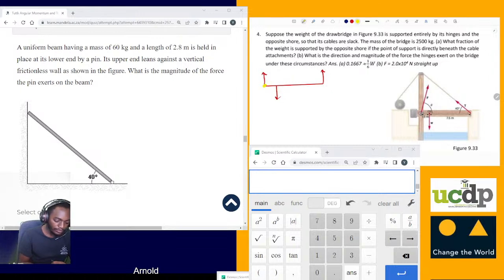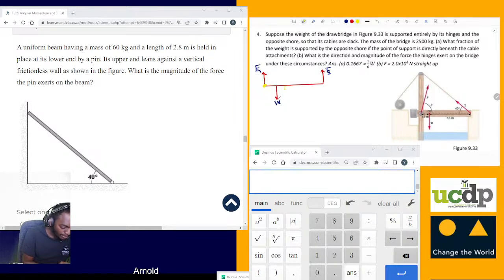And we can label, say this is F on the hinge, and this is F on the shore, and this is the weight W. So all this is what we are given in the question.